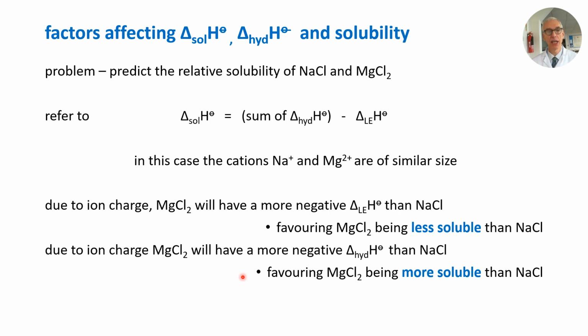So this is a favourite type of problem in OCR Chemistry A, where you cannot actually make an authoritative or reasoned prediction. Your answer would be that the effect on lattice enthalpy would imply that magnesium chloride is less soluble than sodium chloride, but the effect on enthalpies of hydration would imply that magnesium chloride would be more soluble than sodium chloride, and therefore you would not be able to make an authoritative prediction.